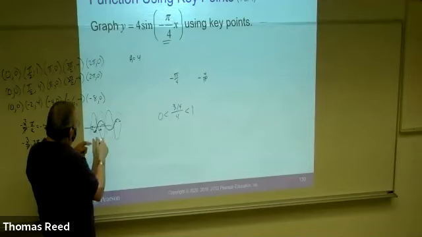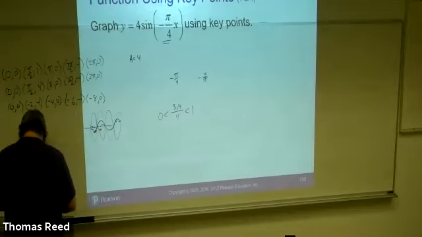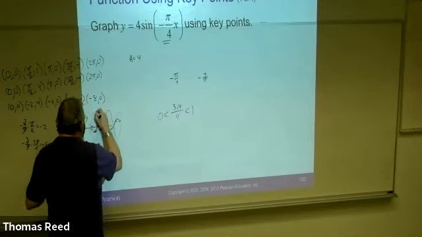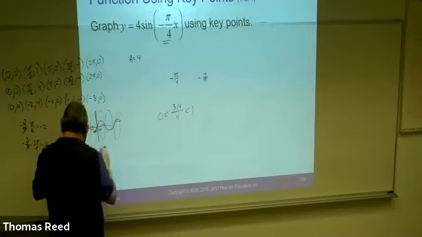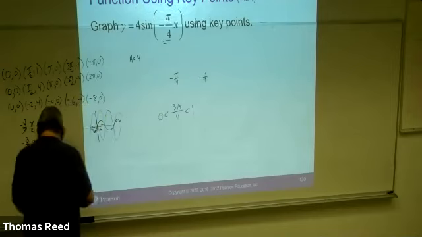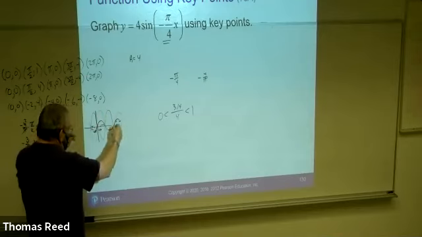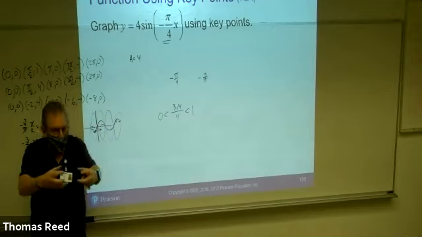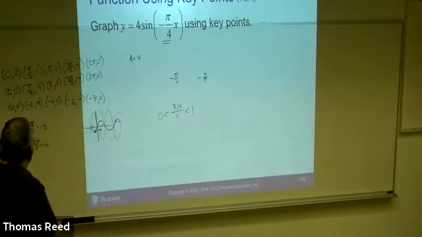So if you're changing your x by multiplying by a positive fraction less than 1, then it's a stretch. We're pulling it away, and so it's going to go wider. It's like you have a slinky laying on the ground and you pull it apart. So that's what we're doing.